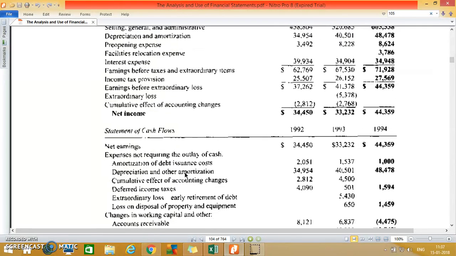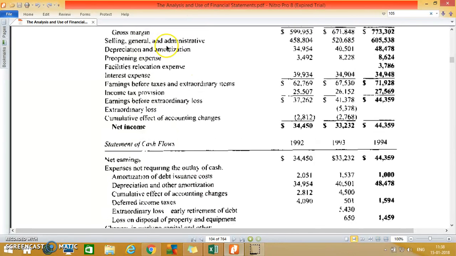The non-operating expenses have to be added back. The non-cash items are the depreciation and the amortization, and the non-operating is the cumulative effect of the accounting changes. They have been adjusted. Why? You see that interest has been taken here. It has been charged in the business for the years 92, 93 and 94, from 39 billions to 34 billions.